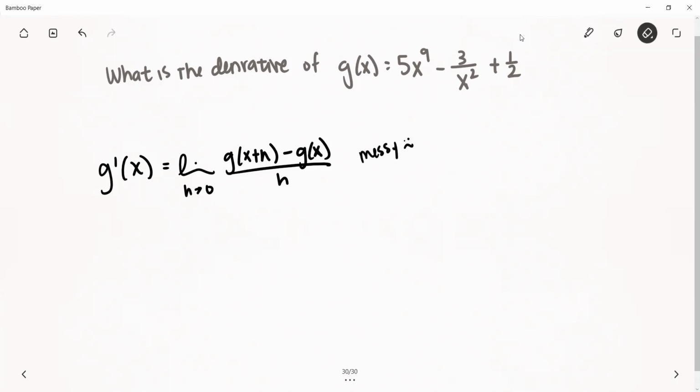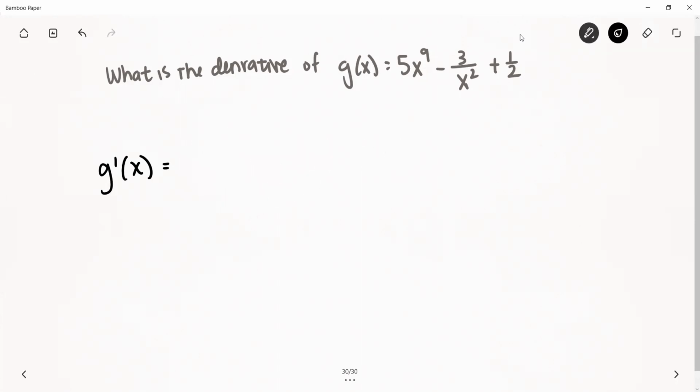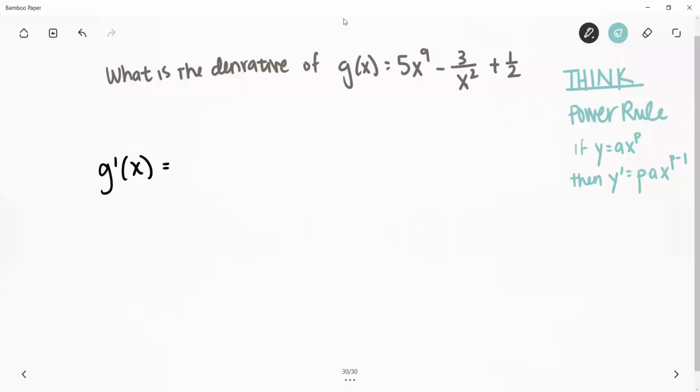So what I'm going to utilize instead is the rule that we just came up with last week, and that is the power rule. So remember, the power rule is saying if you have a number times x to any power, then the derivative would be bringing down the old power and multiplying it to your coefficient.